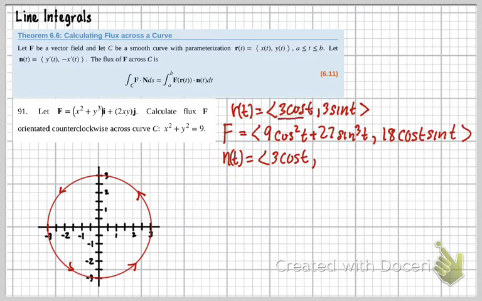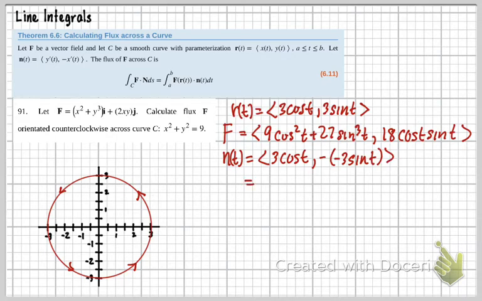So we take the first component of r of t, which is 3 cos t, we take that derivative, and it tells us to negate it, so I'm going to put a negative there, and that's going to be negative 3 sine t. There it is.